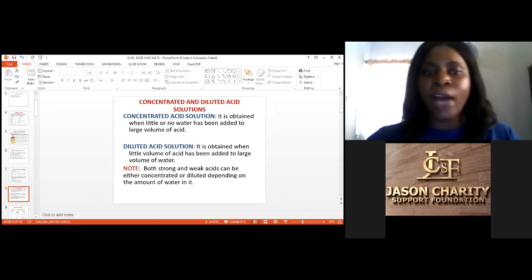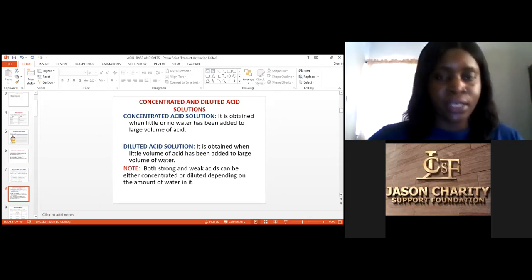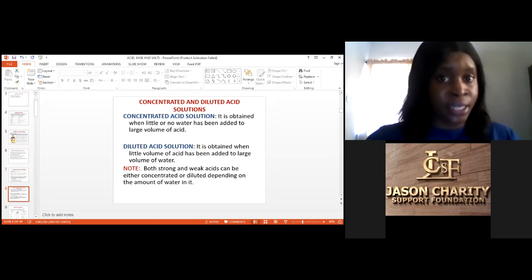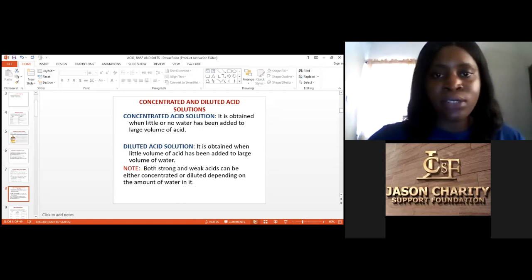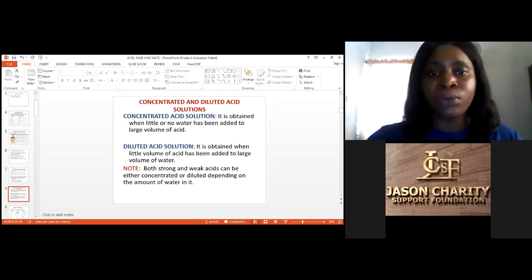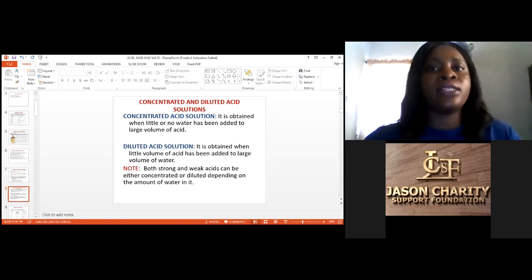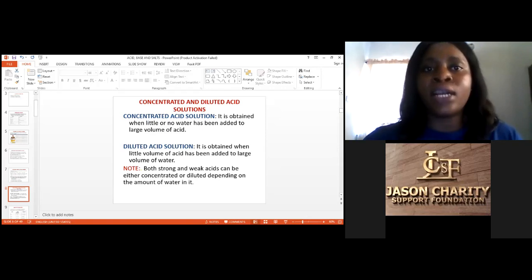Now, we also have the diluted acid. By diluted, it means that a large quantity of water is added to it. So the diluted acid solution is obtained when a little volume of acid has been added to a large volume of water. Therefore, in the diluted acid, the proportion of water is greater than that of the acid.